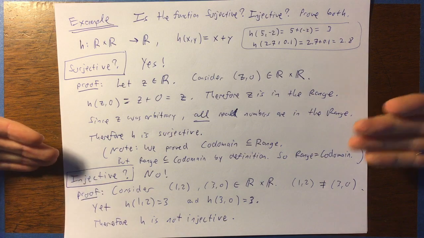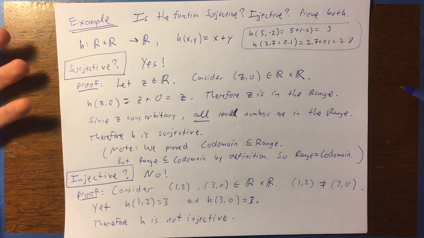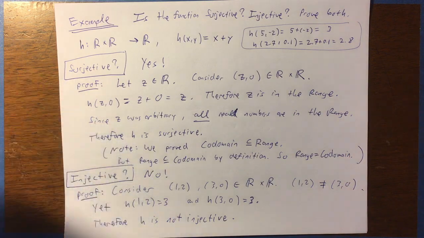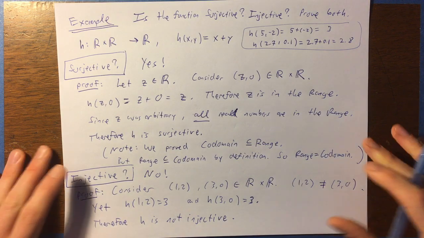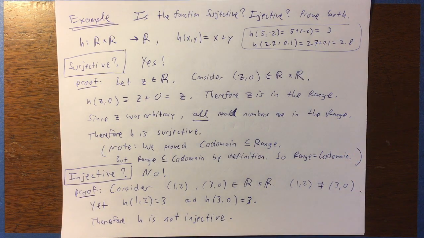Notice that in order to prove that it was surjective, we had to work with an arbitrary element. If we were trying to prove something is injective, again, you have to work with arbitrary elements, because injective means any time you have different inputs, you're going to have different outputs. So you can't use examples to prove that. But disproving injective can be done with a single counterexample.